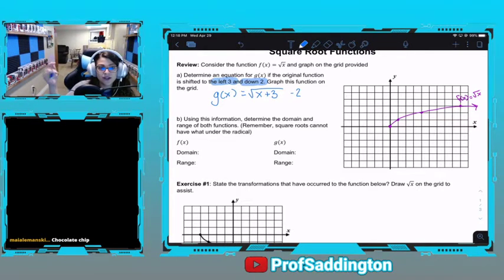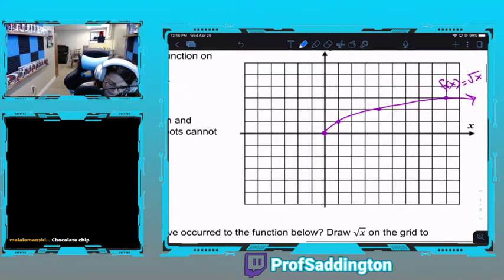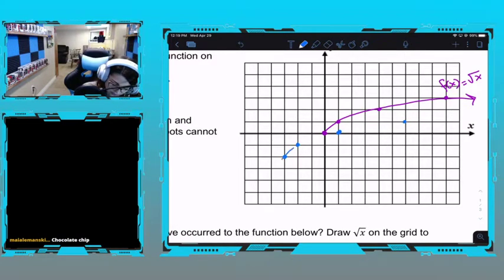So you can go into your calculator and type this in, or you can just physically move the points how they're describing them. So left 3 and down 2. Left 1, 2, 3 and down 2.